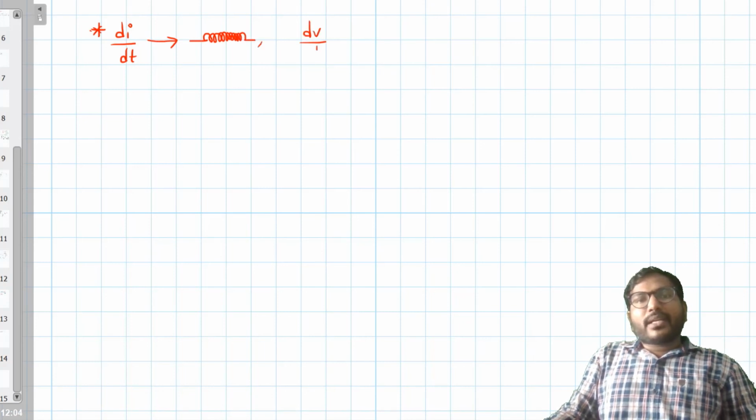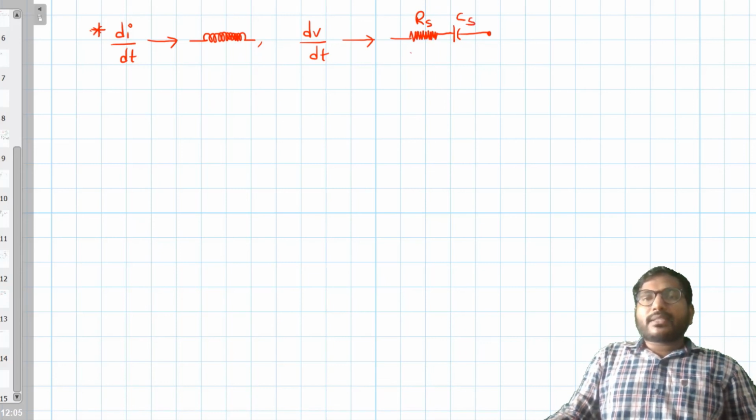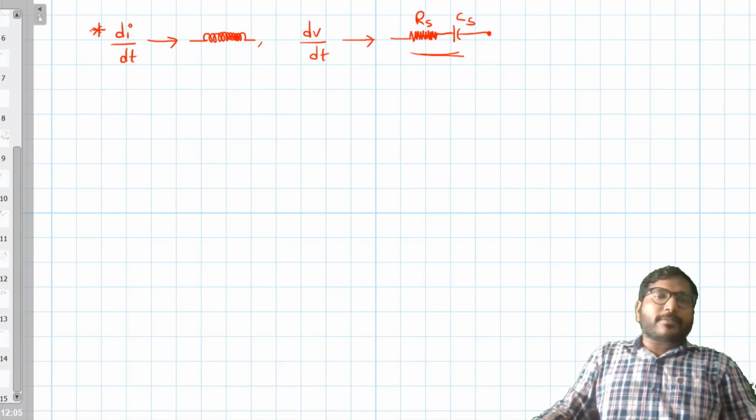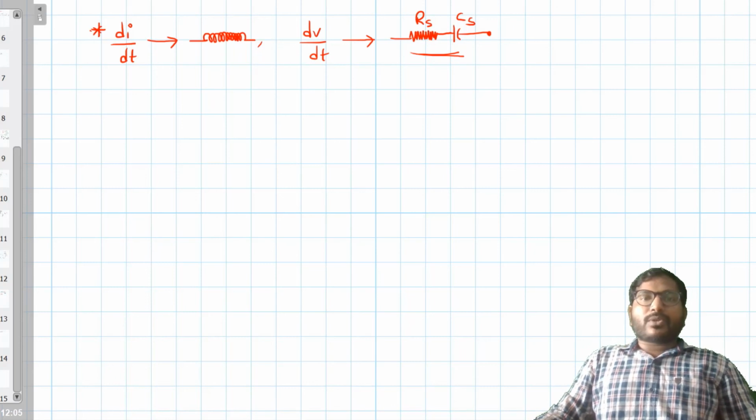For dV by dt, what is the element? A capacitor, but there is also a current limiting resistor Rs, and the capacitor branch is connected in parallel to the SCR to protect against a high amount of dV by dt. This is called the snubber circuit.